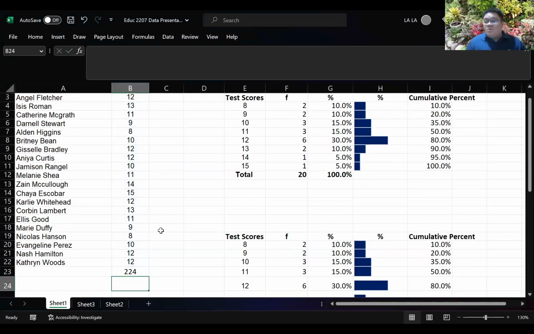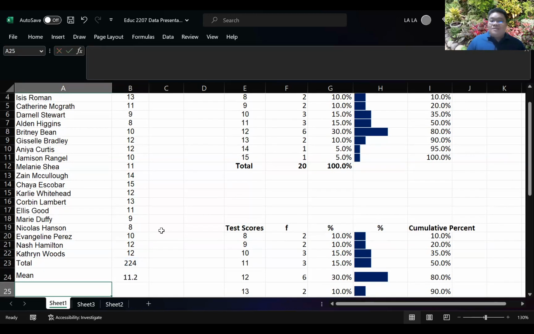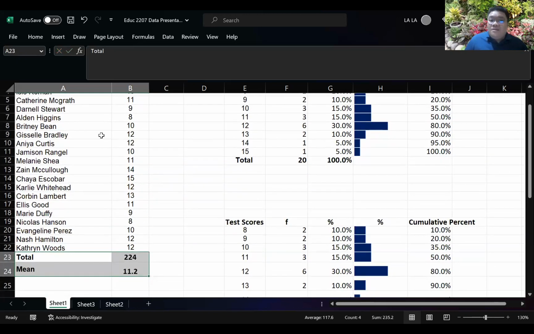Then you will know that the total is 224. If you would want to get the mean, as I mentioned earlier, it's equal to the sum divided by the total number of students that you have, that is 20. And from that, I am able to conclude that the mean score of my students is 11.2.